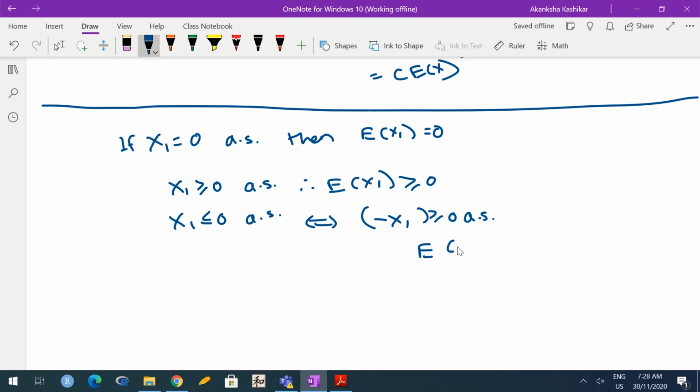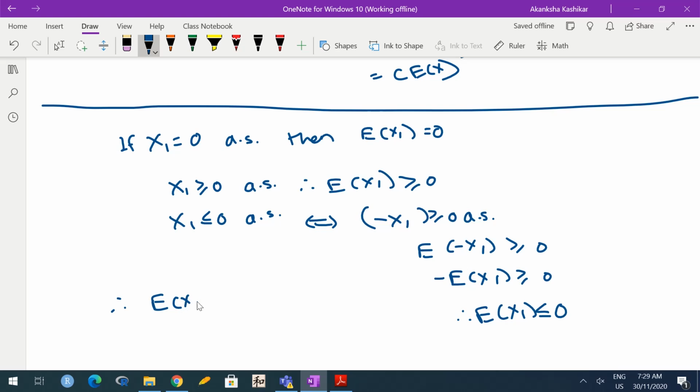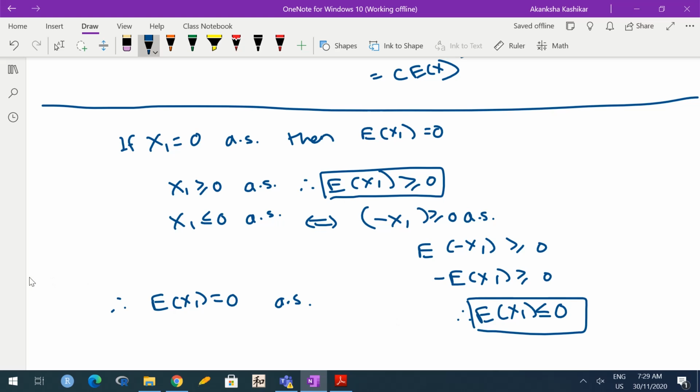So expectation of minus x1 is greater than or equal to 0, and expectation of minus x1 is minus expected x1, so minus expected x1 is greater than or equal to 0. Therefore, expected x1 is less than or equal to 0. Hence, combining the two, we get expected x1 is 0. So we have proved that if x1 is 0 almost surely, then expected x1 is also 0.